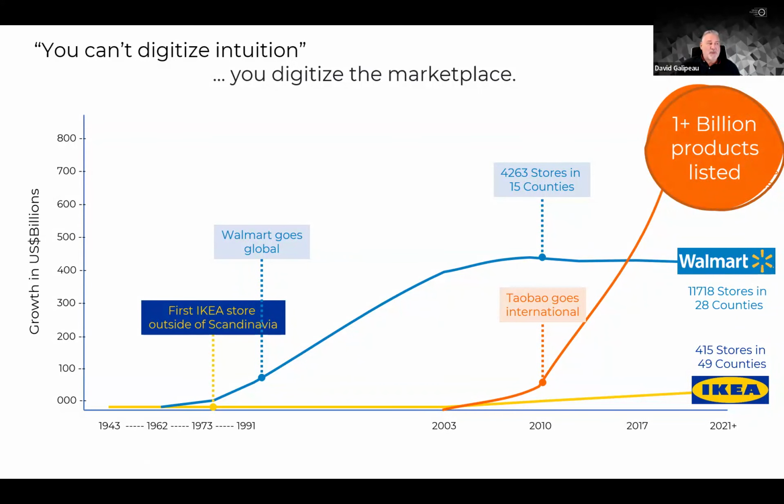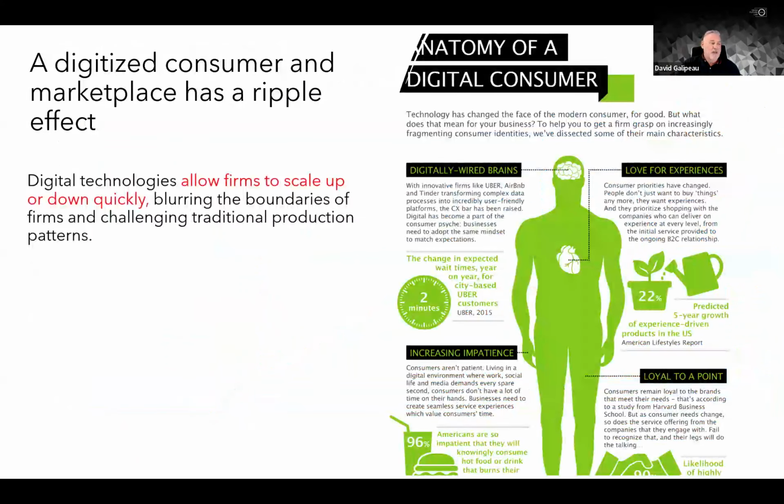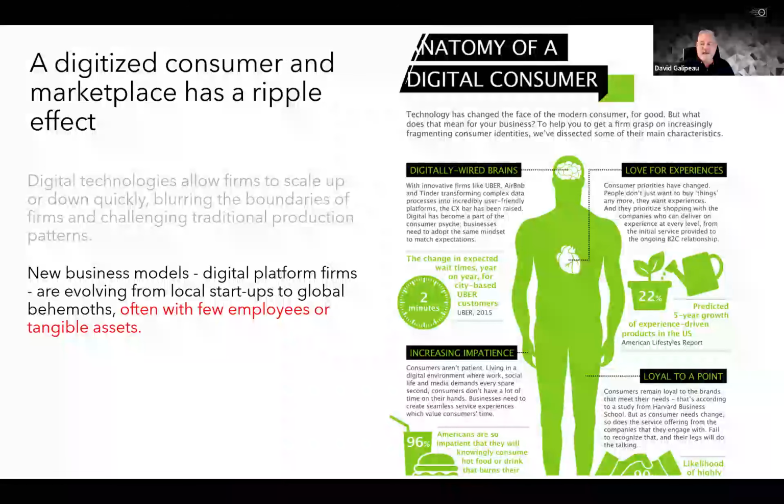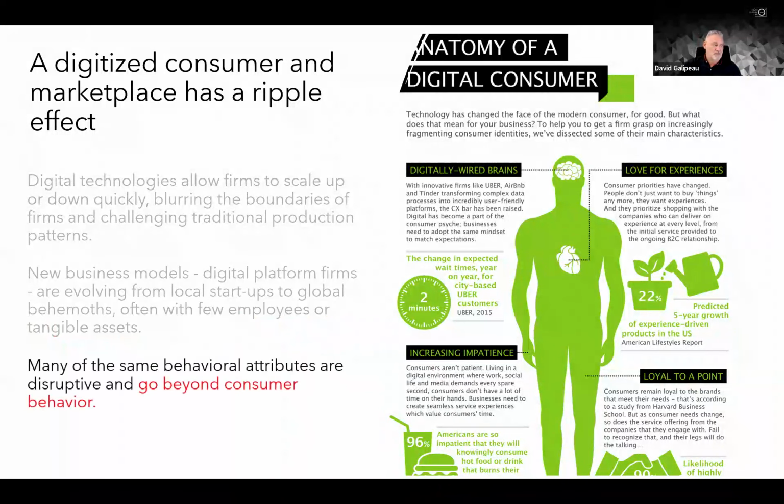So the speed again, the complexity again, you can digitize the marketplace. With digital technologies, firms can scale up and down quickly, managing their risk, managing the value creation on their side. New business models, digital platforms, often with few employees or tangible assets.